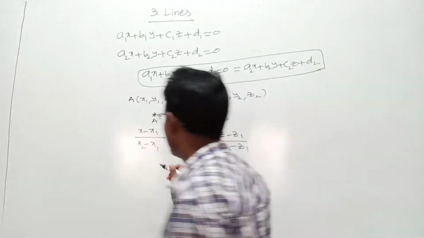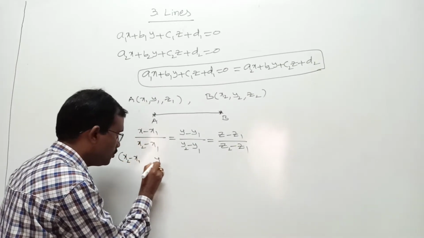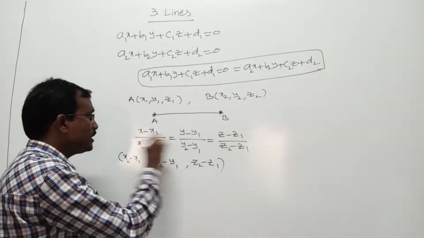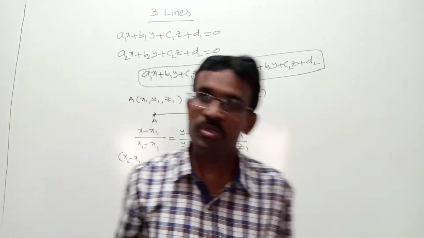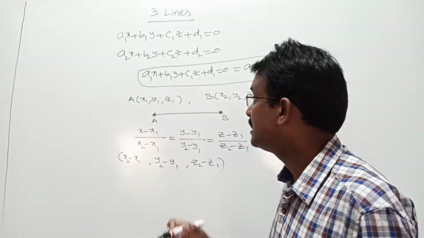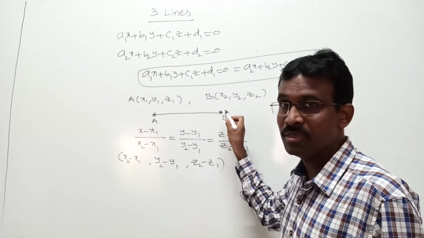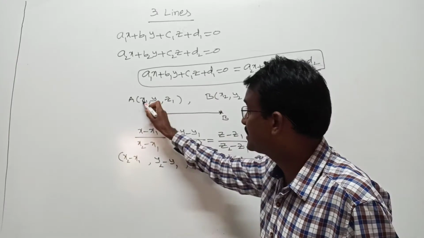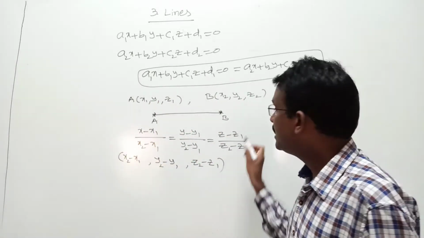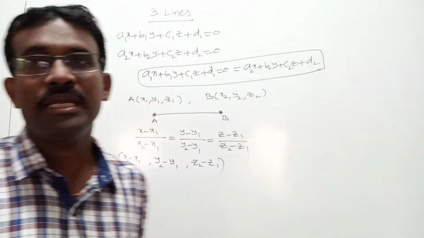In this line equation, the denominators x2 minus x1, y2 minus y1, z2 minus z1 are the direction ratios of this line. In the previous concept, I defined the direction ratios of the line AB as x2 minus x1, y2 minus y1, z2 minus z1. Those are the denominators. In this form, these denominators are the direction ratios of the line, right?